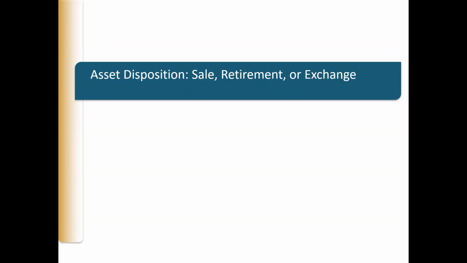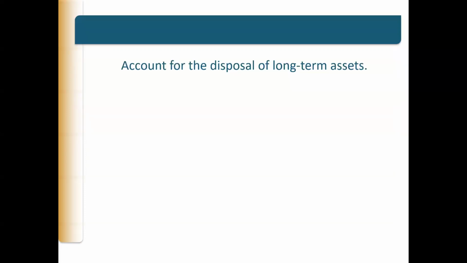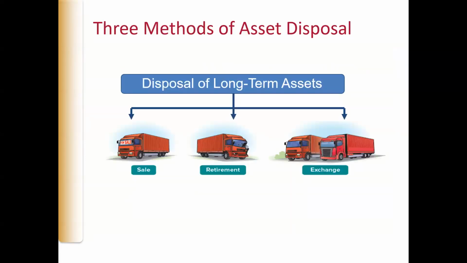The next thing we're going to look at is disposing of assets. This generally happens in one of 3 ways: through selling it, through retiring it, or exchanging the asset. These are the 3 methods.